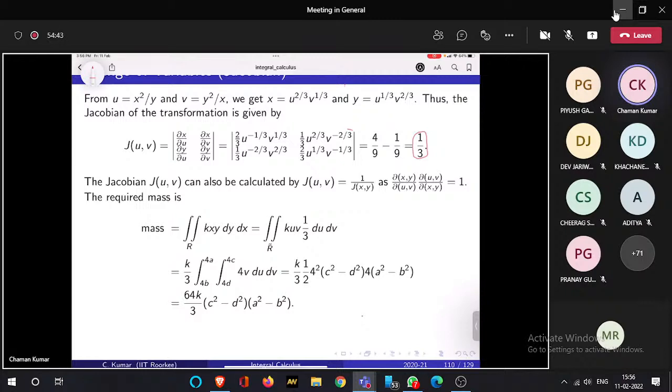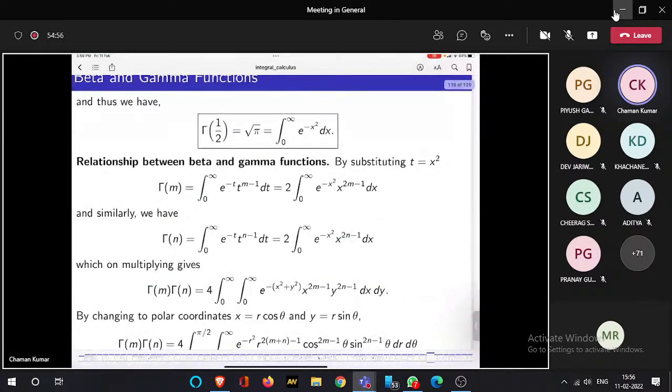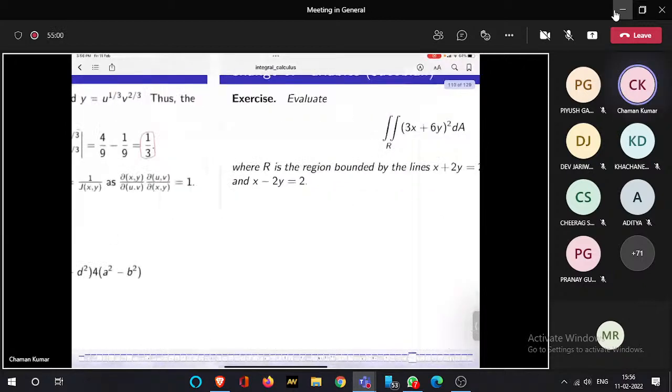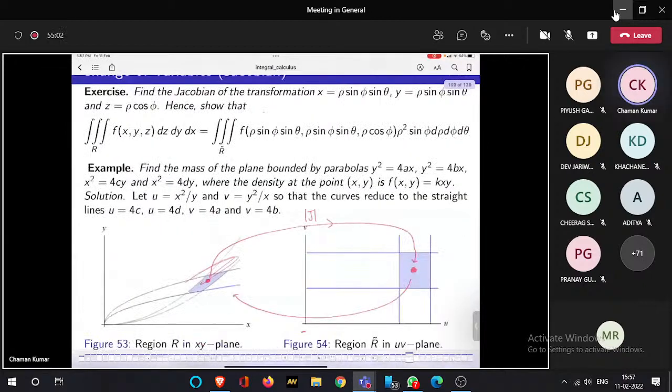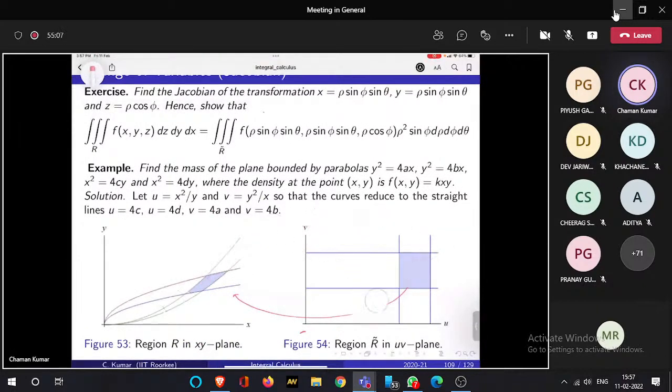So what does this mean? Now, if you look at this picture, which area is bigger?